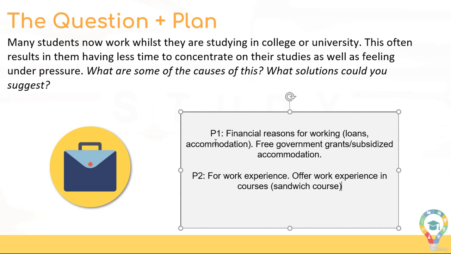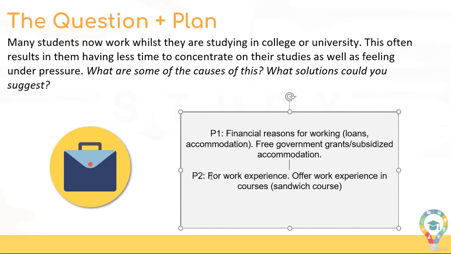Okay, so let's have a read through. Paragraph 1, financial reasons for working. Maybe they're paying off loans or accommodation. And how can I solve this problem of students needing money and working while studying? I've suggested that governments could give grants or subsidise accommodation to help them financially.